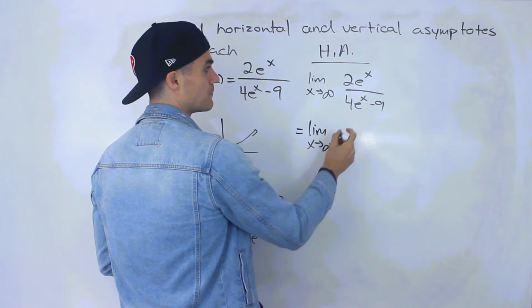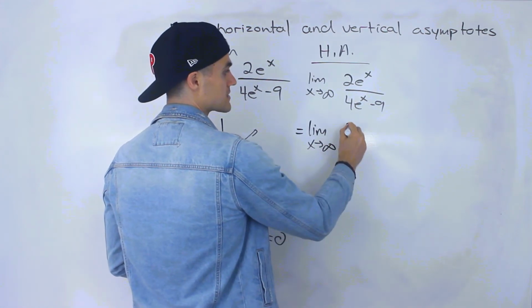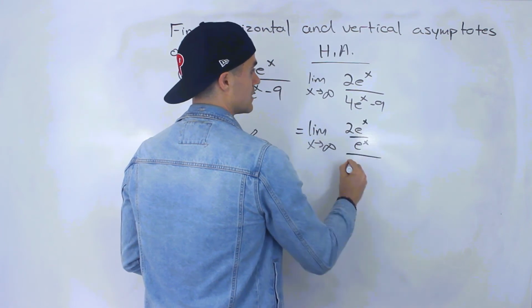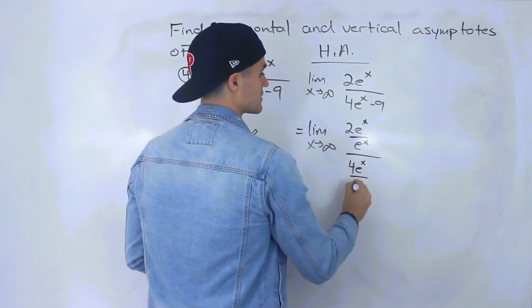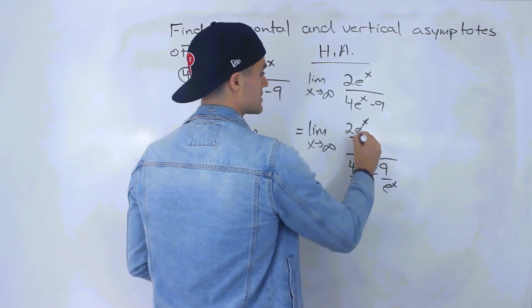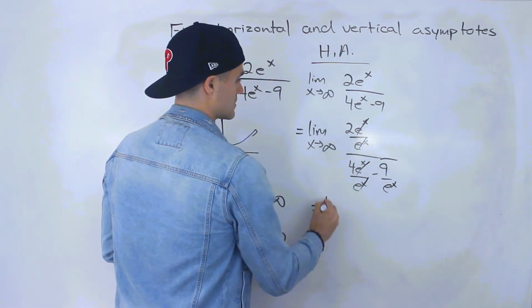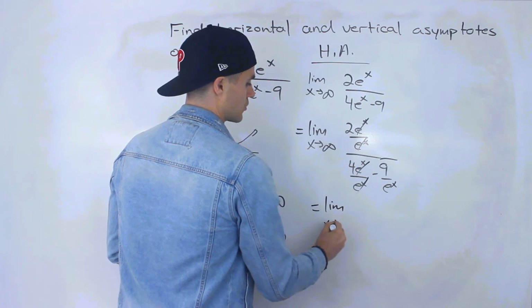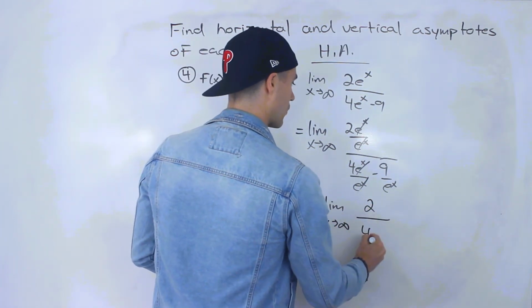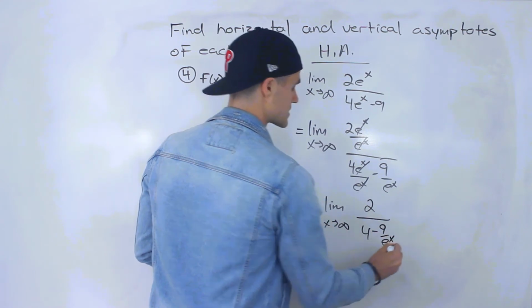So we could divide everything by e to the x. So this 2e to the x gets divided by e to the x. This 4e to the x gets divided by e to the x, and then this 9 gets divided by e to the x. These cancel out. So we'd have the limit as x approaches infinity of 2 over 4 minus 9 over e to the x.